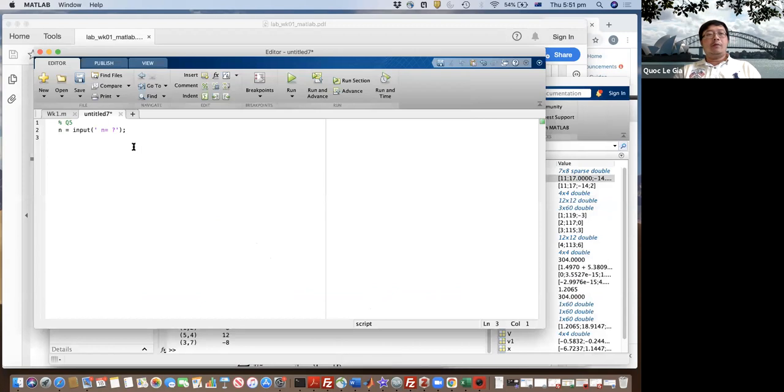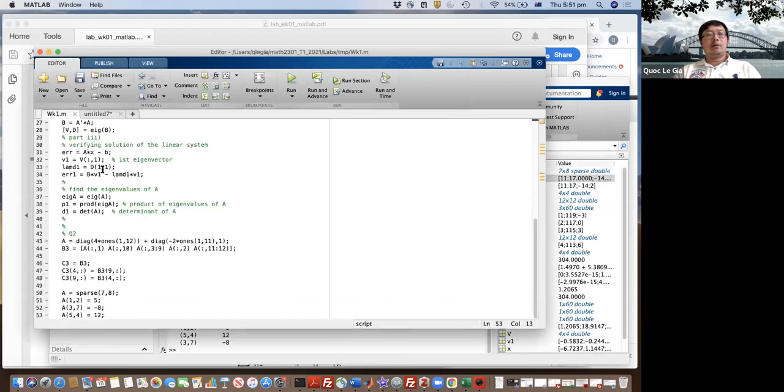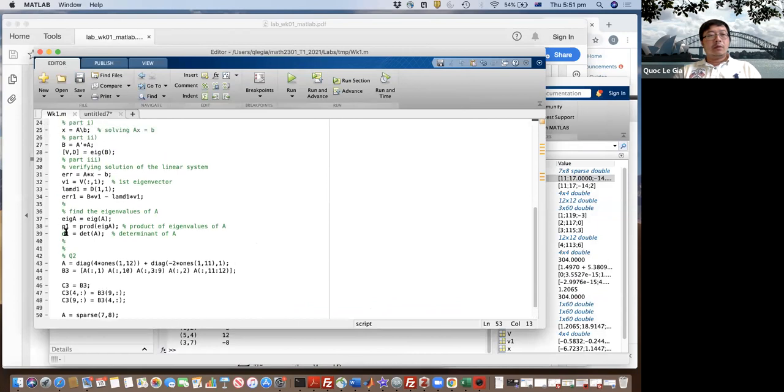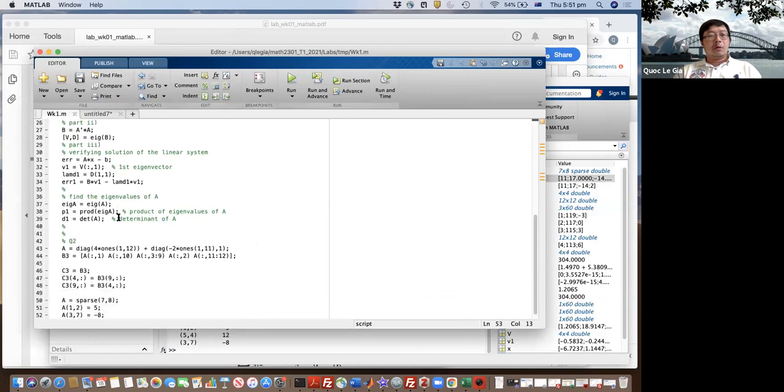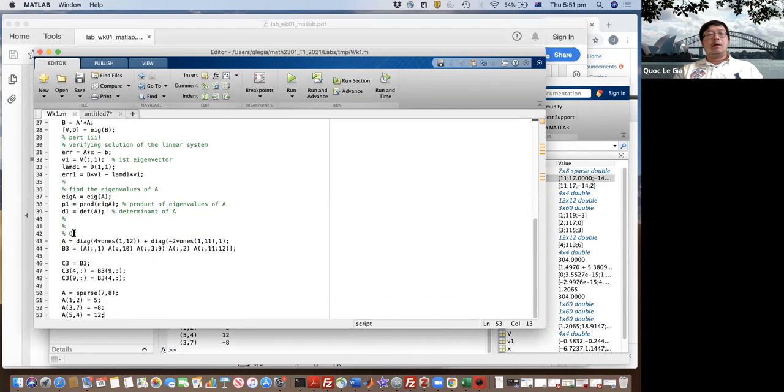I can show you what I've done in question 3. So this is question 3. You see, that is how I define the diagonal matrix.